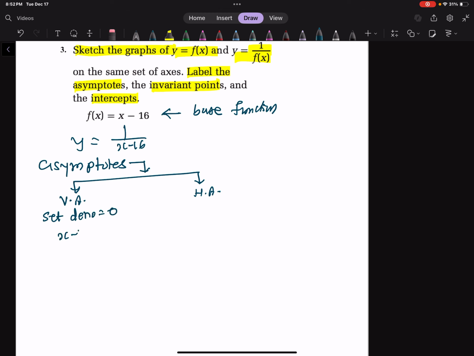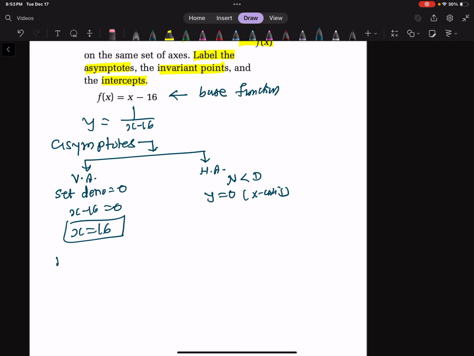So x minus 16 equals 0, so x equals 16, which is your VA. To find the horizontal asymptote, we compare the degree of the top polynomial and the degree of the bottom polynomial. The degree of the top polynomial is less than the degree of the bottom polynomial. In that case, y equals 0, which is basically the x-axis.